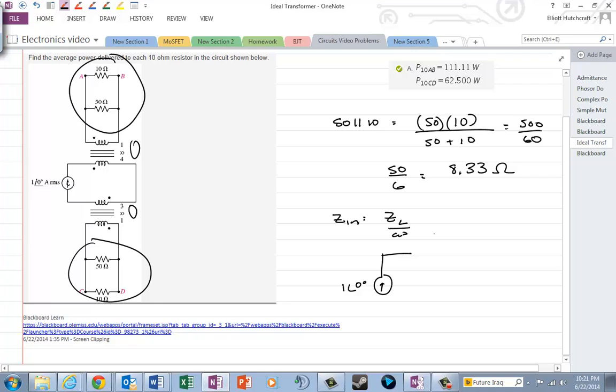And then over here we're going to have, so A is 1 to 4, so A is, we normally write it as A to 1, so this would be ZL, well, in this case ZL is 8.33 ohms over A squared.